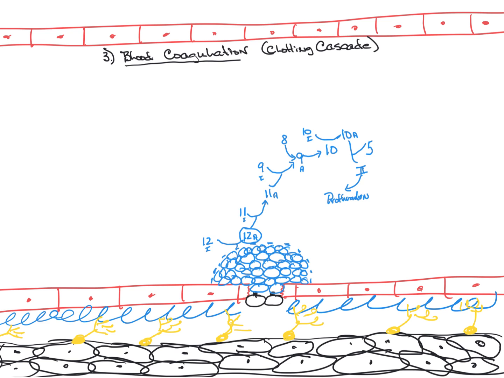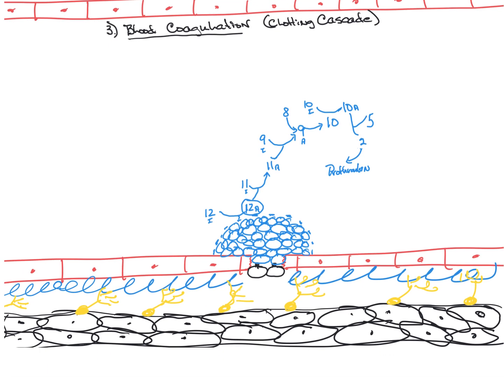And then with 10 and 5, it converts number 2 here. Let me write it as written before so that we keep consistency here. Number 2, in its inactive form, is prothrombin.